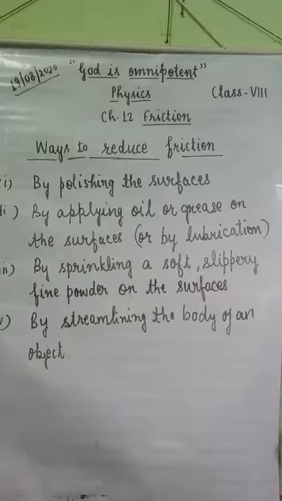Their streamlined shape helps them move in air and water freely. So the streamlined shape of an object also helps to reduce friction. So these are the ways to reduce friction.